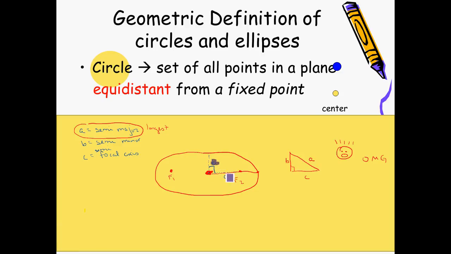I know B, and I don't know C. What do I know? A. Why do I know them?